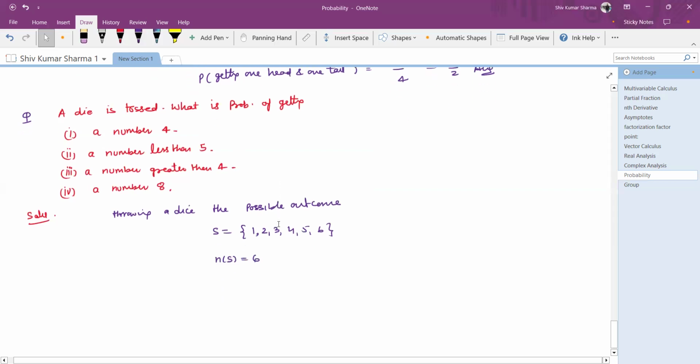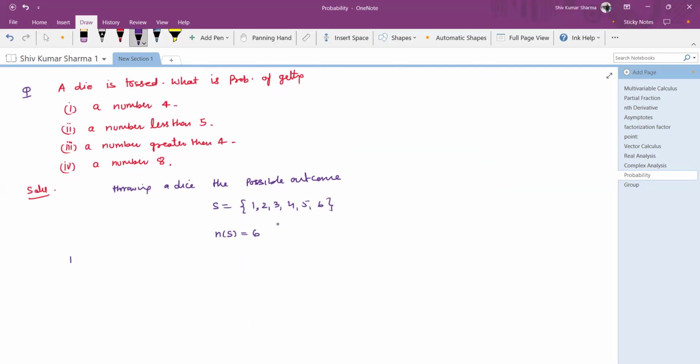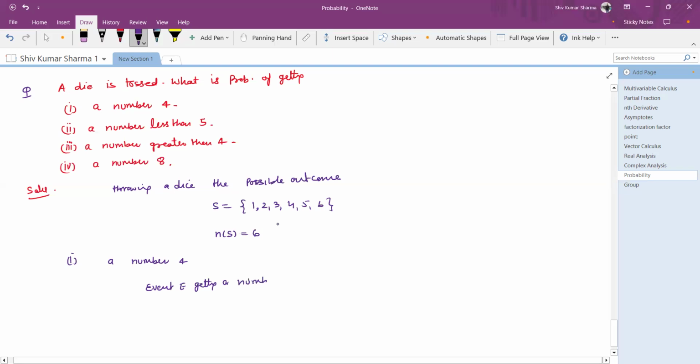Now we move to the first part. The first part says a number 4. So event E, getting a number 4, contains only a single element, means NE is equal to 1. So we are going to calculate the probability of getting a 4.